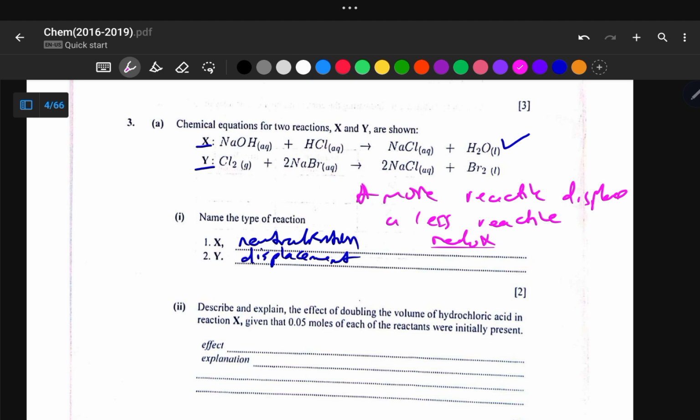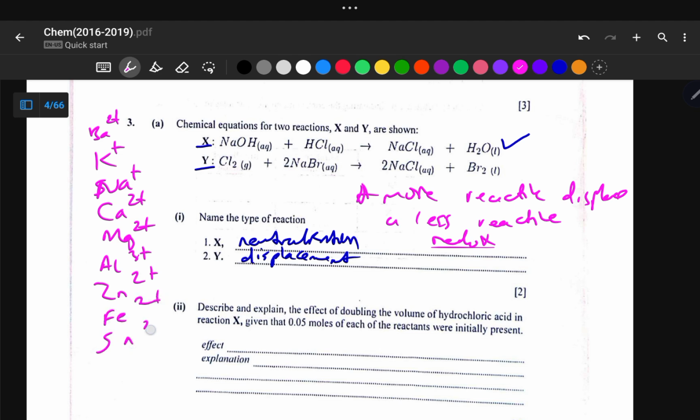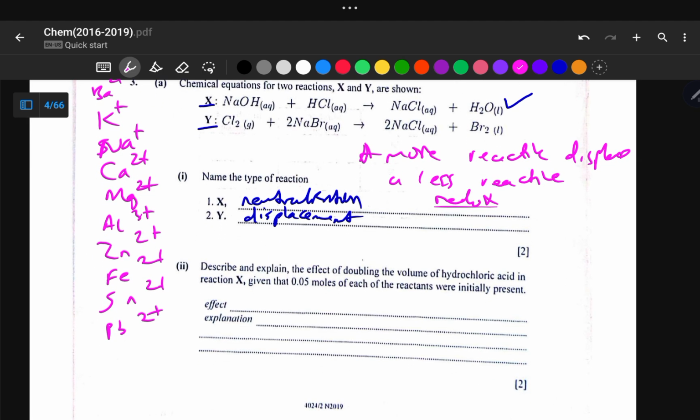And there's also this reactive series where we have barium 2 plus, then potassium, sodium, calcium, magnesium, aluminium ion, zinc 2 plus, iron 2 plus, tin, lead, and then the hydrogen ion being the reference.